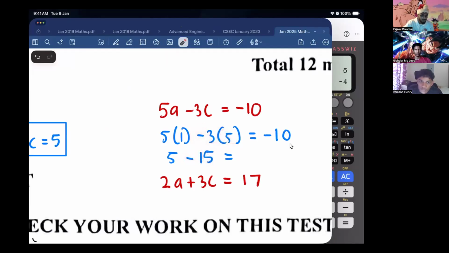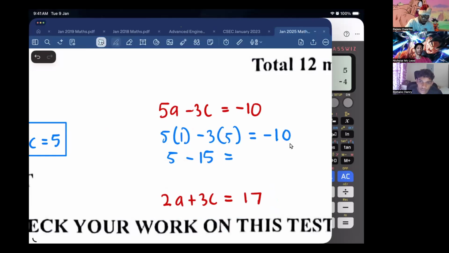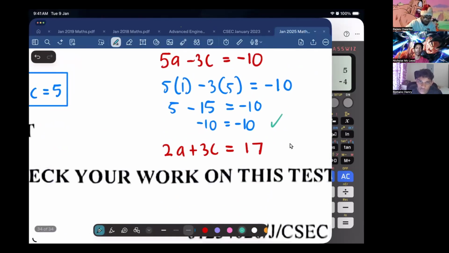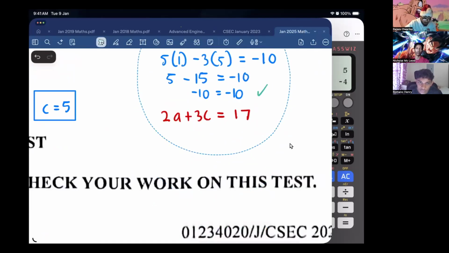That gives 5 minus 15. And guys, what is 5 minus 15? -10. -10. Right. So is it consistent with what it's supposed to be? Yeah. So it satisfies this equation. So that's good. Let's see if it satisfies the other equation now.